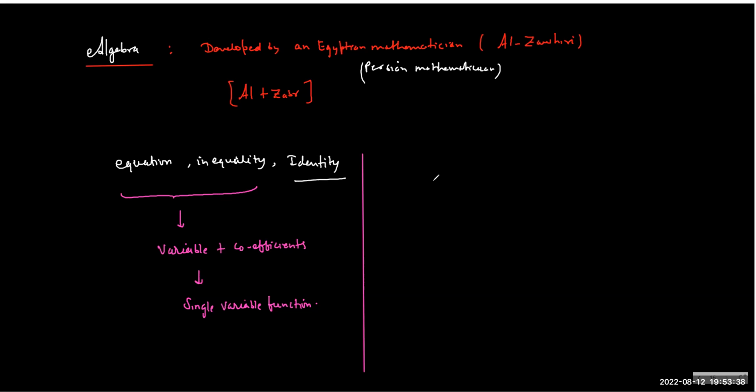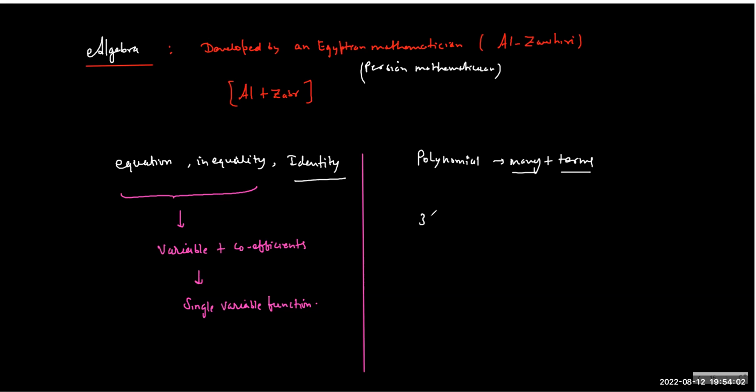You can think from a very different perspective. Let's say we talk about something called polynomial. What is a polynomial? Poly means many, and nomial means terms. When you add multiple terms, what you get is called a polynomial. In high school, you have studied it.